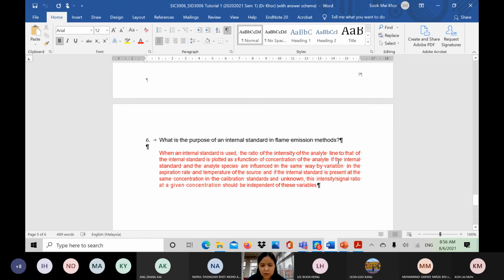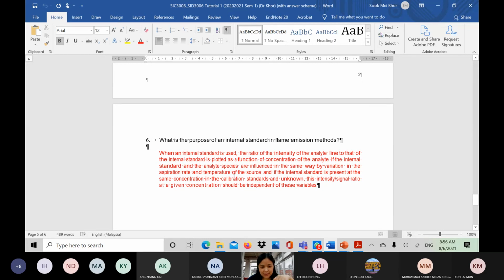the target analyte. So let's say the internal standard and the analyte are influenced in the very same way by variation in the aspiration rate, the gas flow rate, the temperature of the source, the energy source. And the internal standard must be present at the same concentration, which means you have to fix the concentration of the internal standard in the calibration standards and also the unknown.